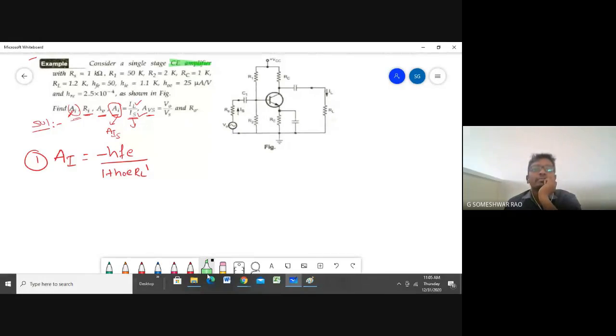Now with RS equal to this one, R1 equal to 50K, R2 equal to 2K, RC equal to 1K, RL is this one. And find these parameters. So please write it.